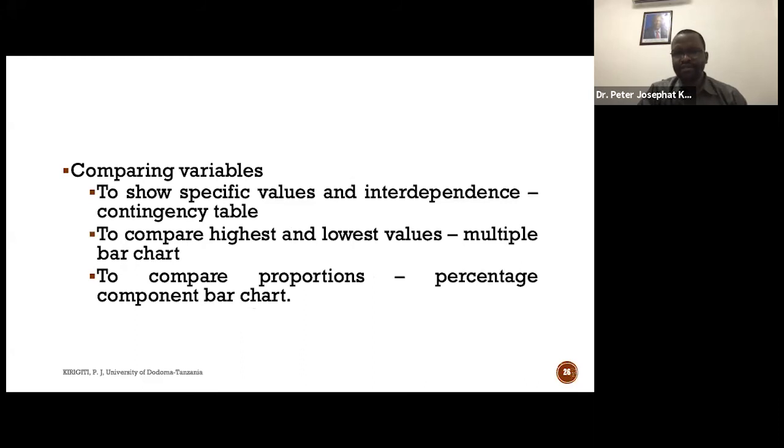For instance, if you're interested in the interdependence, that means you'll go for the contingent table. You need to have a kind of cross-tabulation. Now, if we do adapt a cross-tabulation, are we adapting it for the qualitative or for quantitative variables?